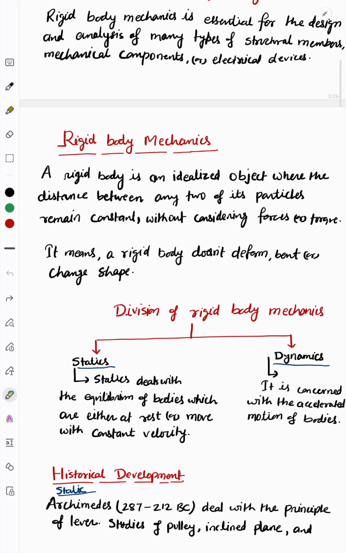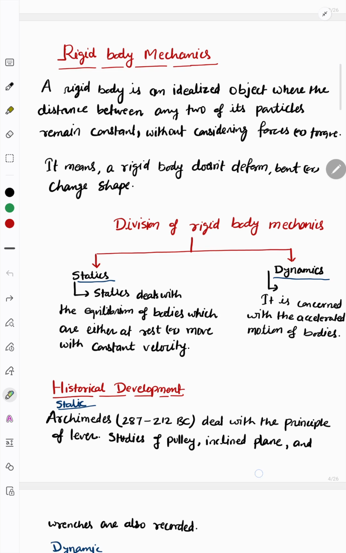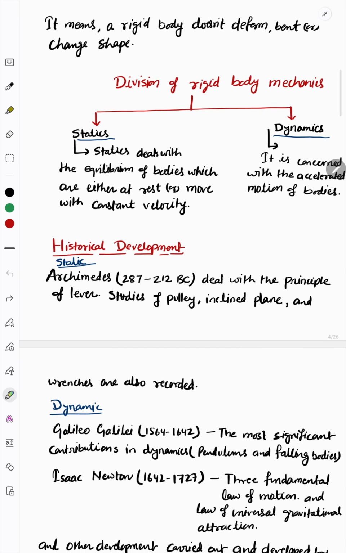Again, division of rigid body mechanics. Here two types of concepts we generally discuss: statics and dynamics. Statics deals with the equilibrium of bodies which are either at rest or moving with a constant velocity. Dynamics is concerned with the accelerated motion of bodies. This is the historical development of statics and dynamics.